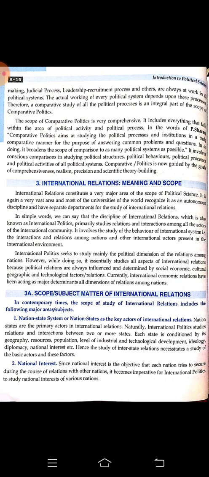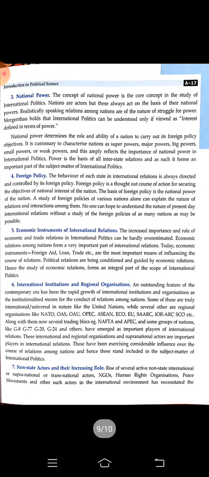Then we have foreign policy. Foreign policy means what kind of policy the government will adopt in different kinds of situations. For example, India got independence just after the Second World War, but India was not able to decide whom to support. Two major powers came up, the USA and the USSR.